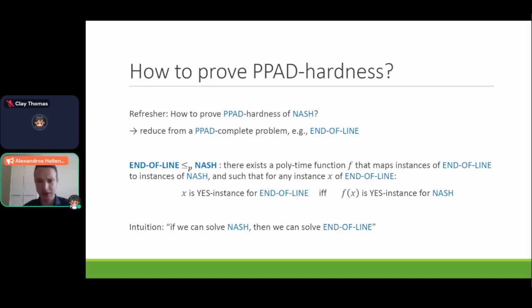And now here I just took the definition of a reduction as it was, and I just replaced 3-SAT by End-of-Line. And now if you take some time to look at this, it turns out that there is an issue. Okay, so what is the issue? Well, we're saying there exists this polynomial time function f, and we want x to be a yes instance for End-of-Line if and only if f of x is a yes instance for Nash.